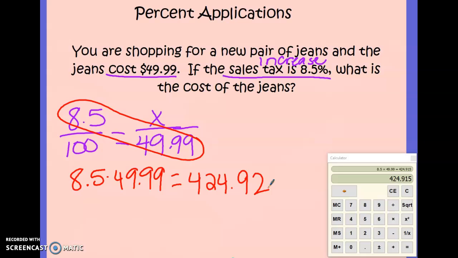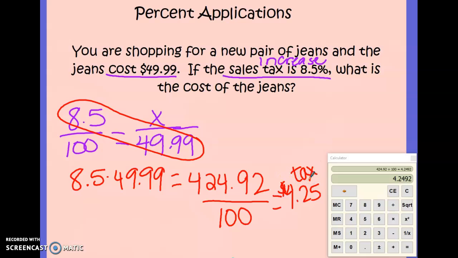Okay, and I'm going to take this answer and divide by 100. Okay, again, I'm going to round because we're talking money. Money's always out to the hundredths place and not the thousandths, or in this case, the ten thousandths. So $4.25. This is our tax amount.